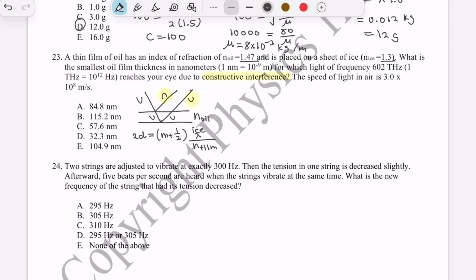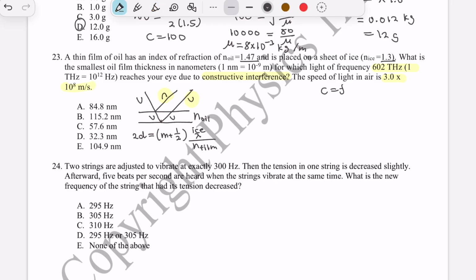And d is what I'm trying to find. I know m and I know the n of the film. I need to find the wavelength. We're given the frequency and we know the speed of light, so I can find the wavelength right now.